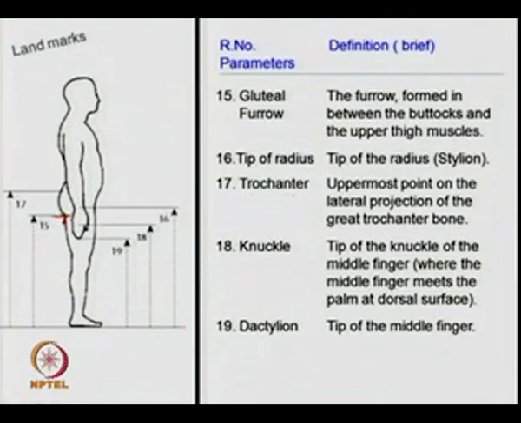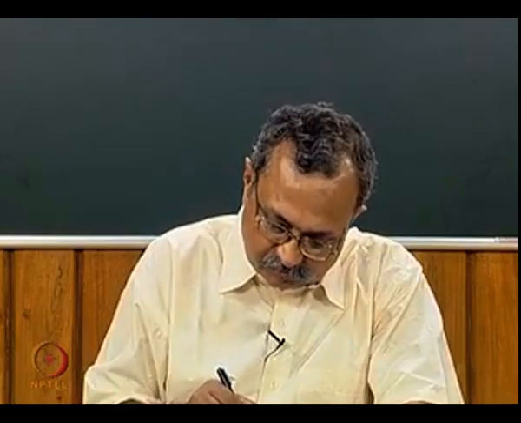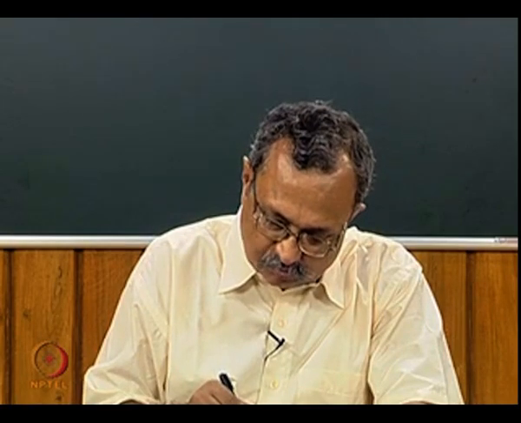The trochanter: the uppermost point of the lateral projection of the greater trochanter bone. Earlier we said that some of the body anthropometric landmarks depend on the different tips of the skeleton structure. Here, the trochanter bone, if we see this bone, is like this.